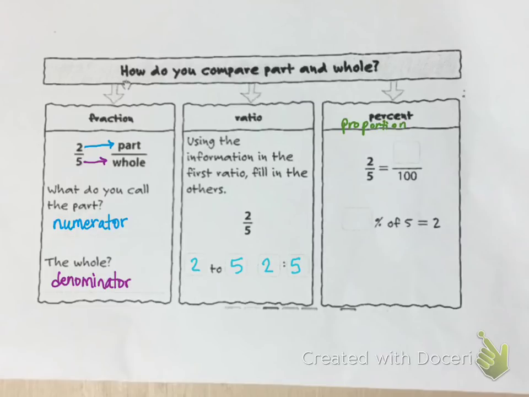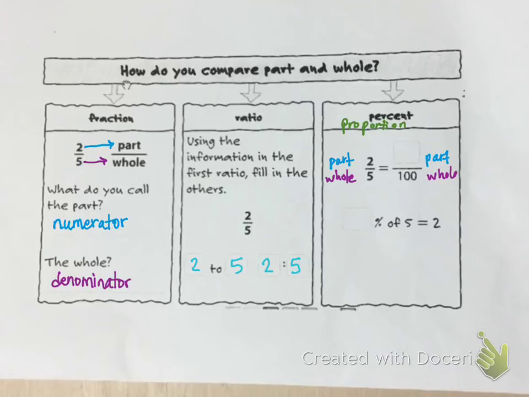So let's just go over this. The numerator 2 and the mystery number are considered the part numbers because they're on top. The numbers on the bottom, the 5 and the 100, are considered the whole numbers. That's what the total is that we're looking at. Okay? And so the question is, what can we do in that mystery box?